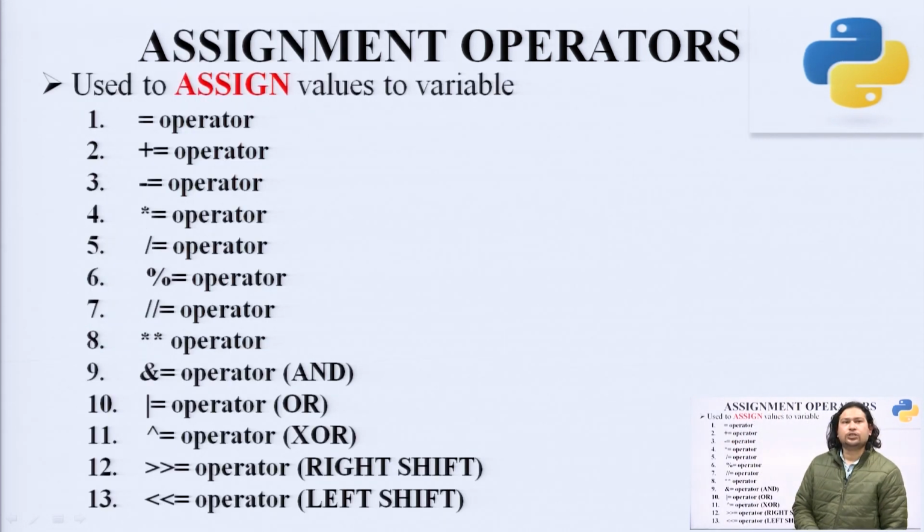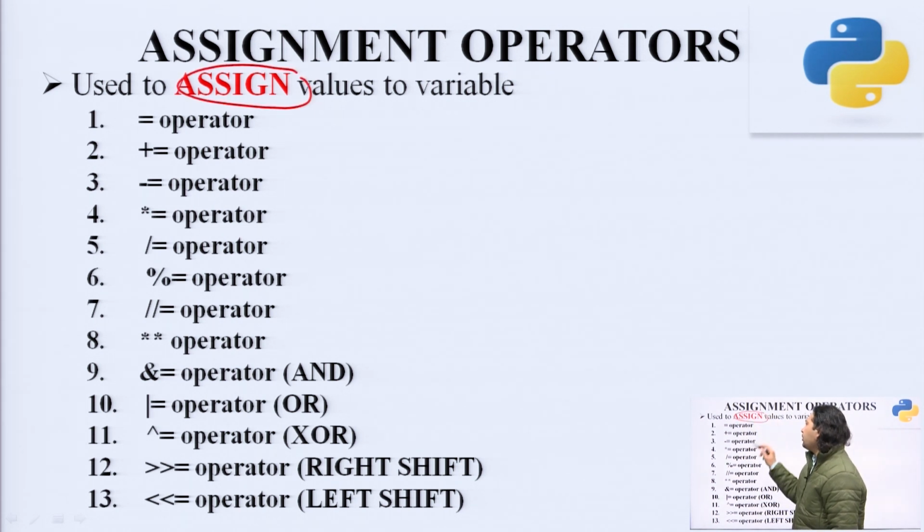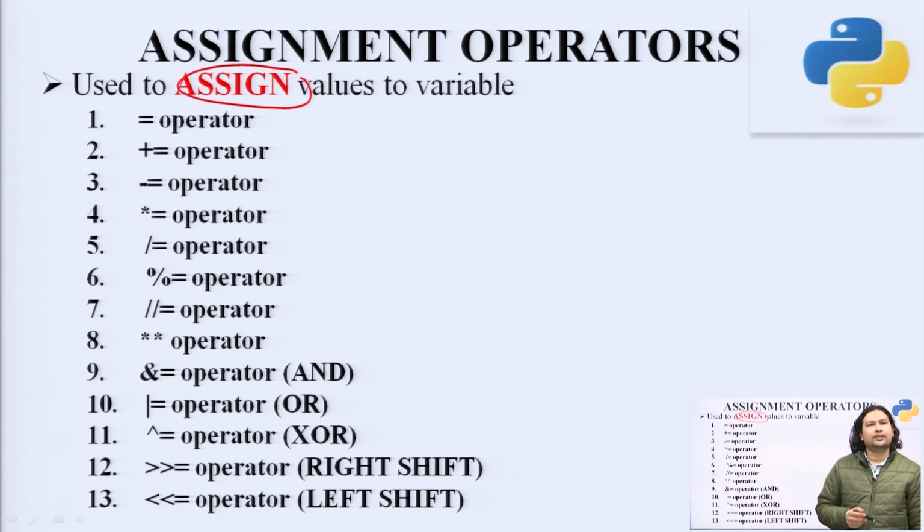The next operator in the sequence is assignment operators. Now, look at this word assign. That means we are assigning the values after performing some operation, that is known as the arithmetic assignment operators.